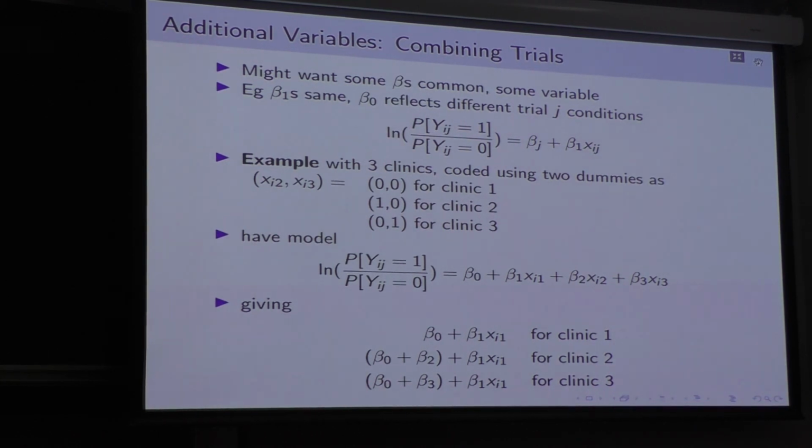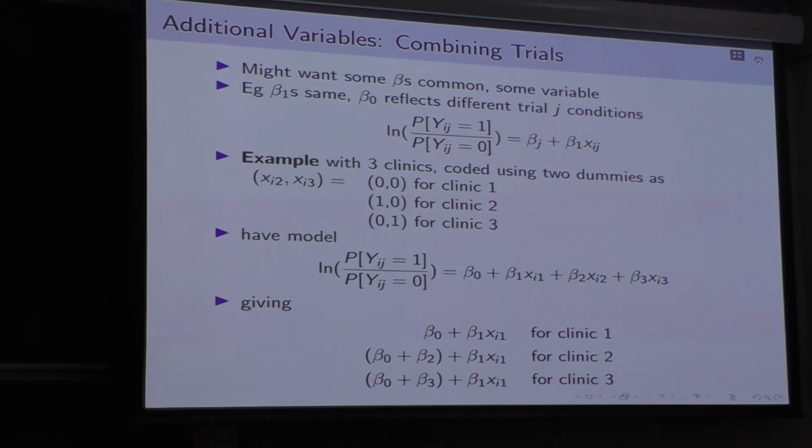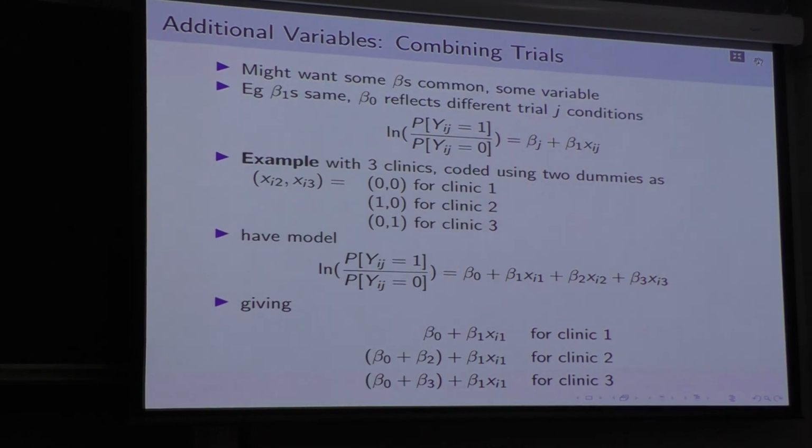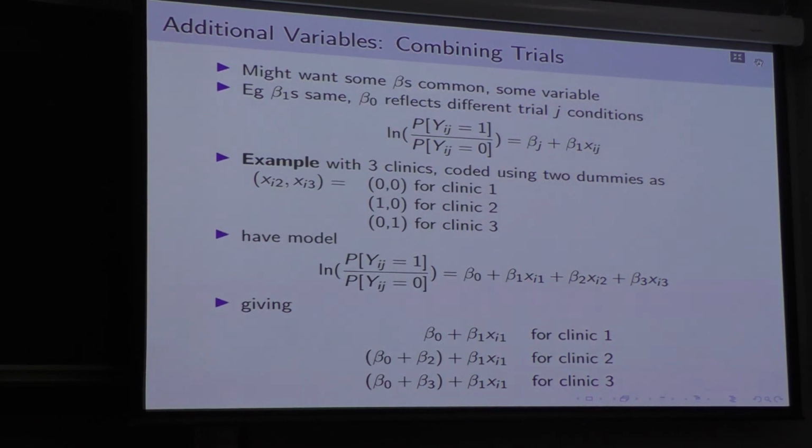And so when you've got estimates for beta 0, beta 1, beta 2 and beta 3, you can do all the obvious inference. You can test whether the clinics are in fact different. You can test whether there is a treatment effect, whether it's going in the right direction, all that sort of stuff.